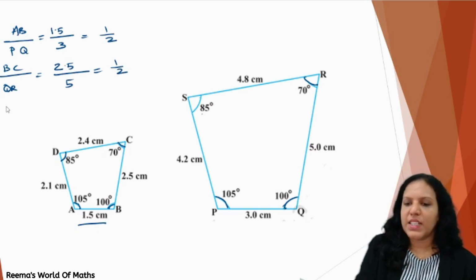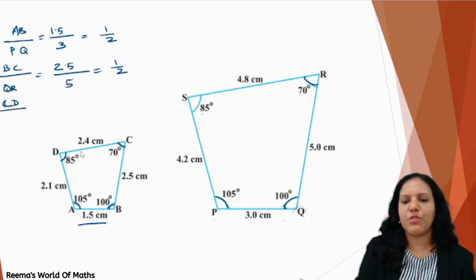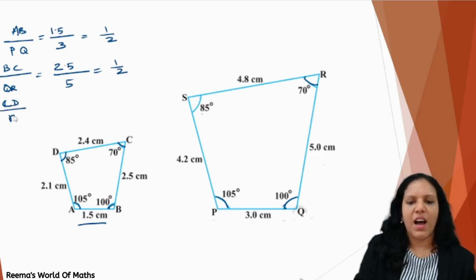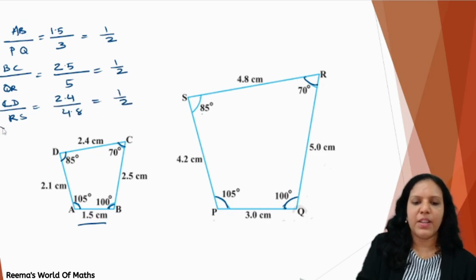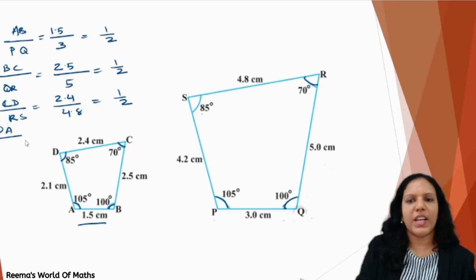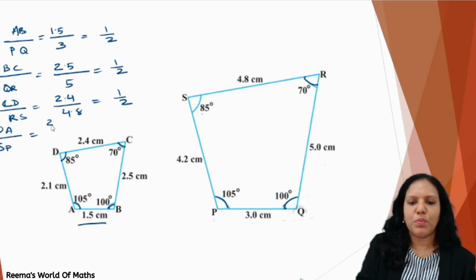Let's take the third side, CD, and the corresponding side for CD is RS. CD is 2.4 and RS is 4.8, which is also 1 by 2. The last side is DA, and the corresponding side for DA is SP, which is 2.1 divided by 4.2, also 1 by 2.